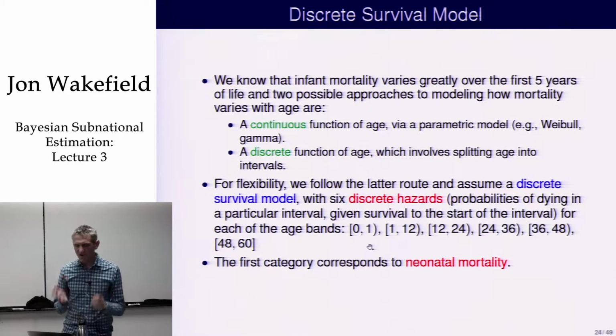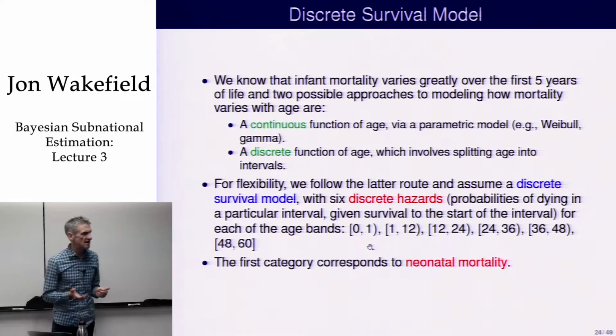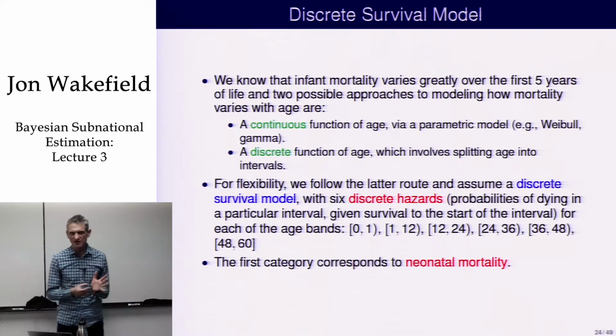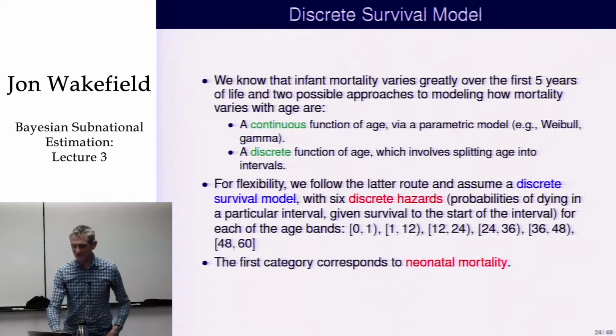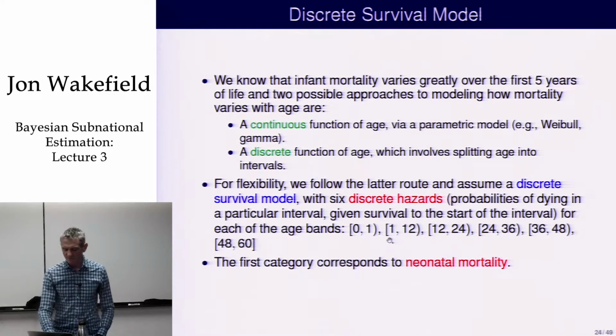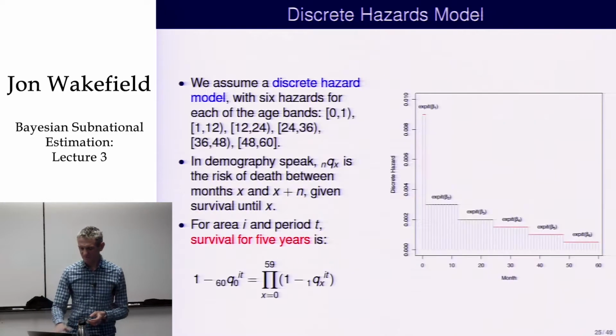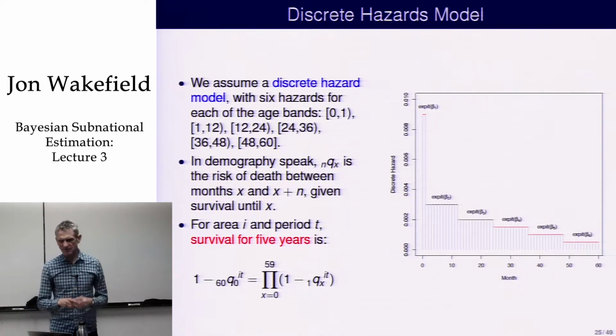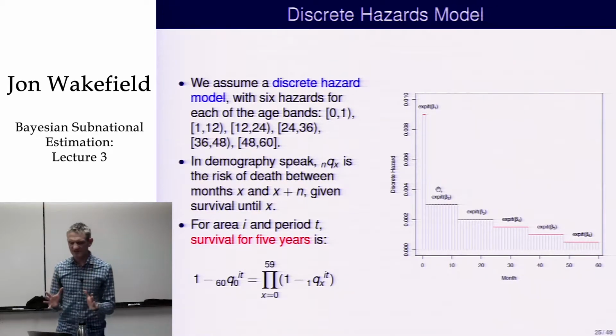The first month of life is very significant, and in many countries we've examined, almost half of the deaths that occur in the first 5 years of life occur in the first month of life, and so we have a specific category for that, and then we look at death in months 1 through 12, and then yearly from that point onwards. So we have 6 different categories. And this just shows pictorially what we're actually doing here. So we're modeling all the data on a monthly scale.